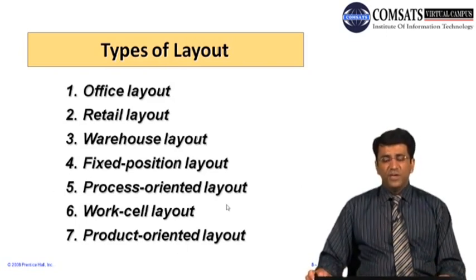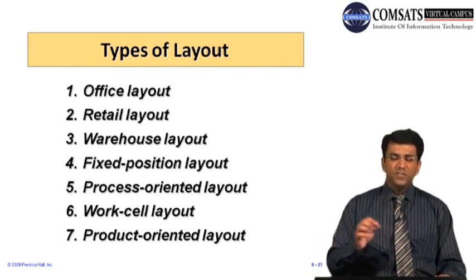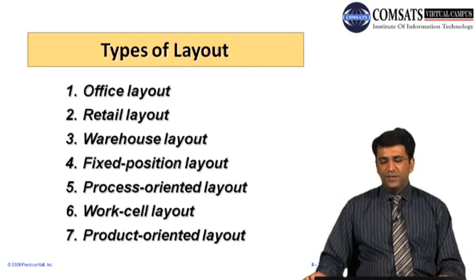Then process oriented layout. This type of layout is sometimes meant for low demand but high variety products, and there are different activities in a particular process, and the product will have to pass through all of these different activities or tasks. So this is the process oriented layout.